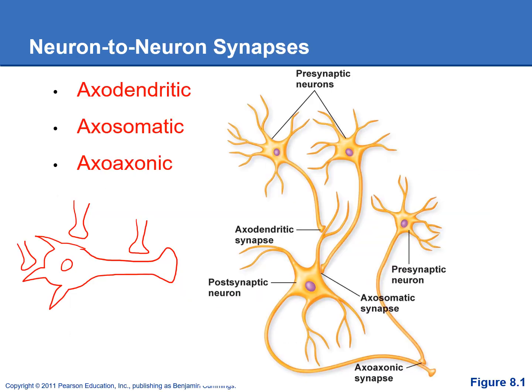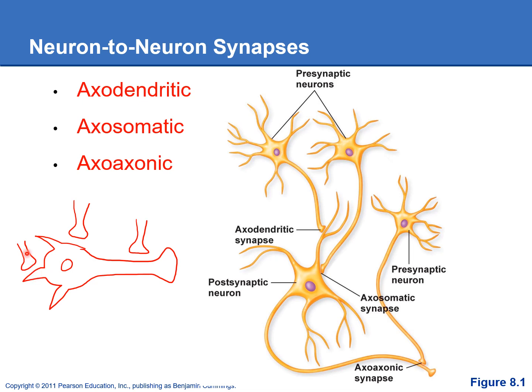So there's three different types of synapses between neurons: an axodendritic, axosomatic, and axoaxonic synapse. And they're just named after where the synapses occur between the presynaptic and postsynaptic neuron. So an axodendritic synapse occurs between the axon of the presynaptic neuron and the dendrite of the postsynaptic neuron.